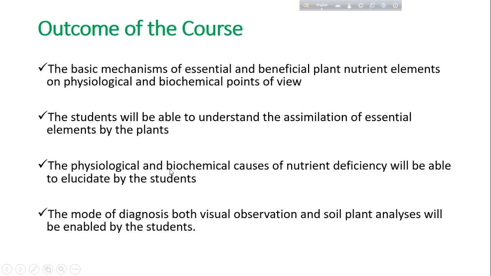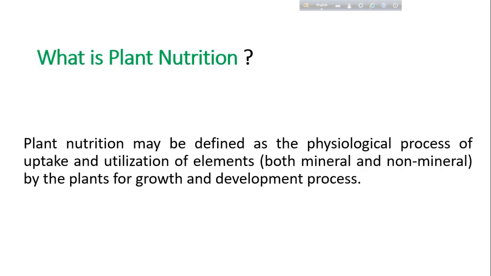The physiological and biochemical causes of nutrient deficiency will be elucidated by the students. The mode of diagnosis, both visual observation and soil plant analysis system, will be enabled for the students. So those are the outcomes of the course.